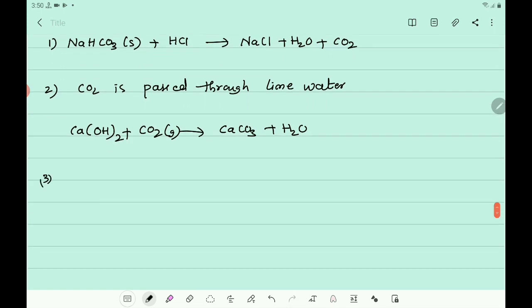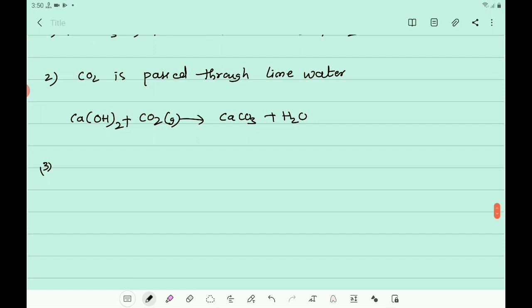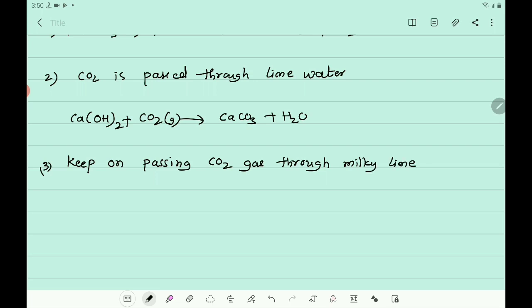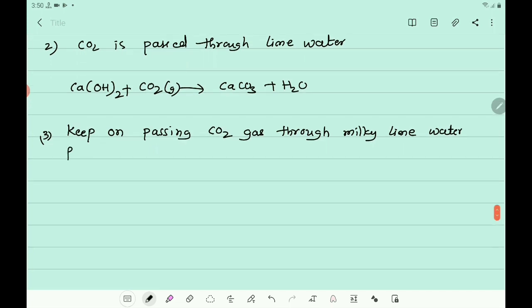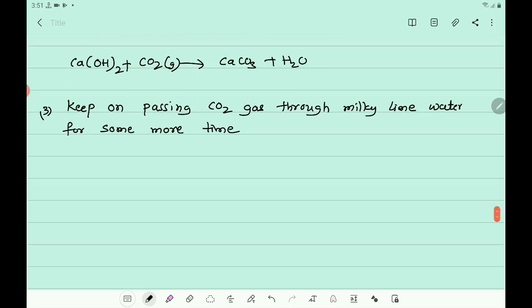In the third step, again keep on passing CO2 gas through milky lime water for some more time. What happens?